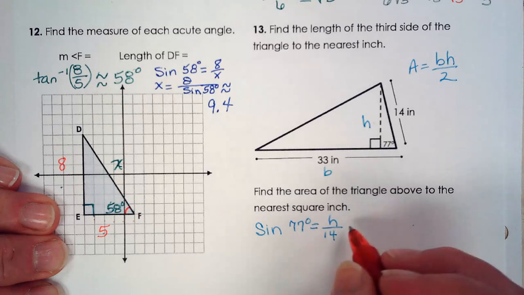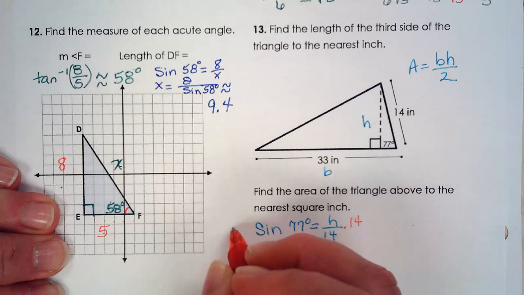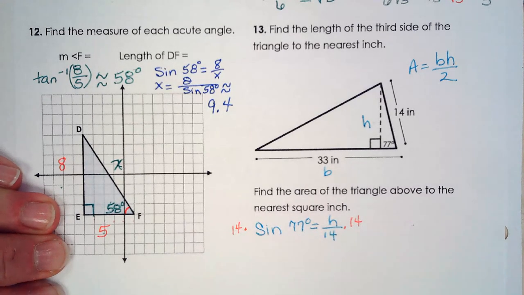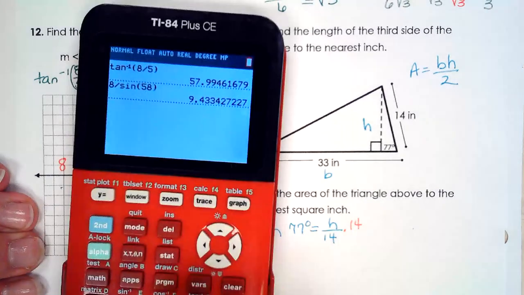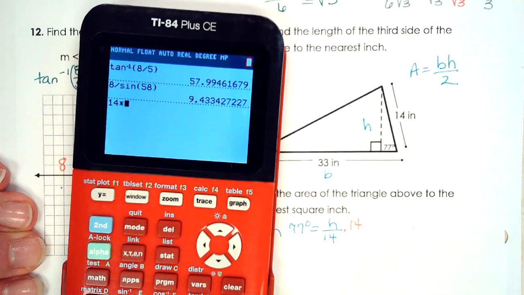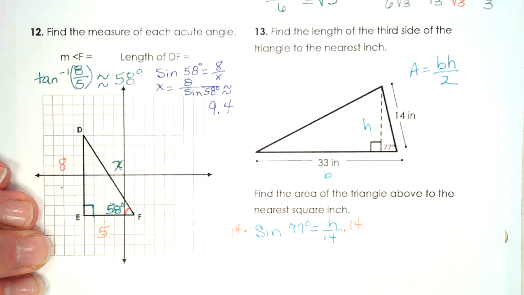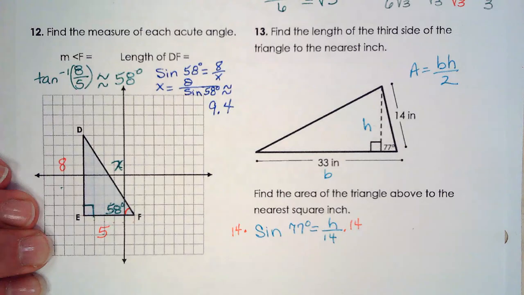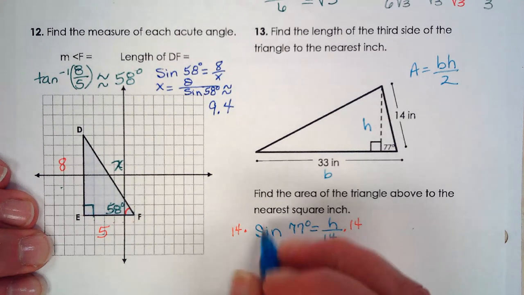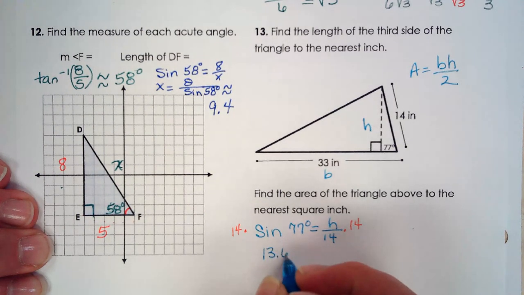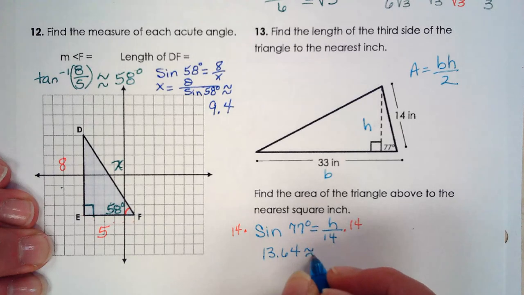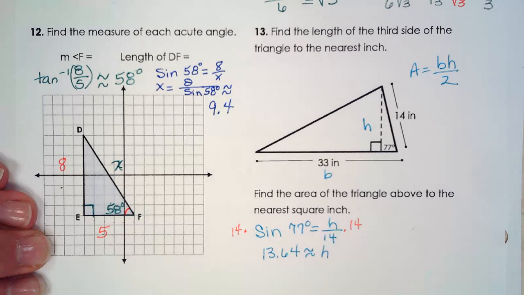Multiply both sides by 14. 14 times the sine of 77, and I get 13.64, and that's approximately my h value.